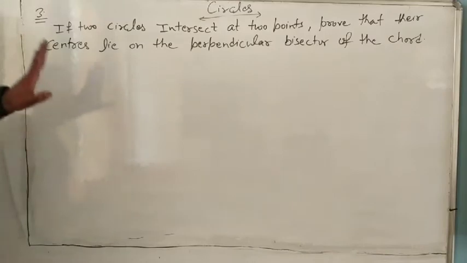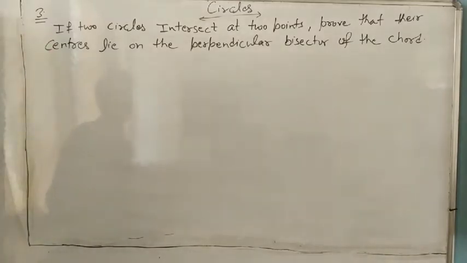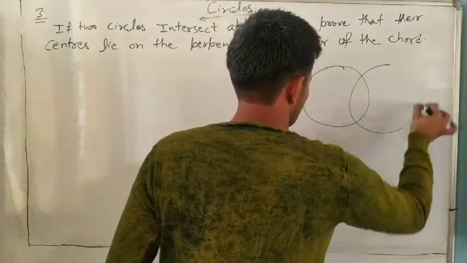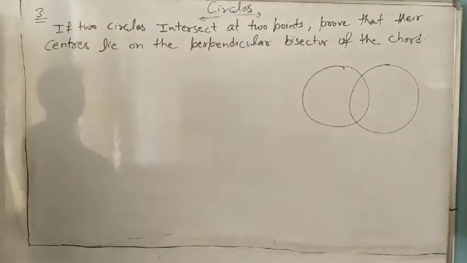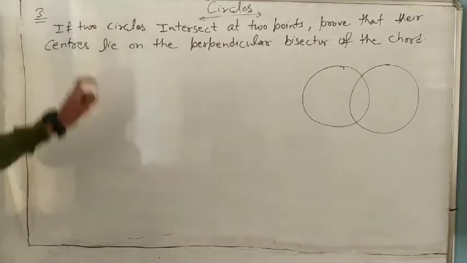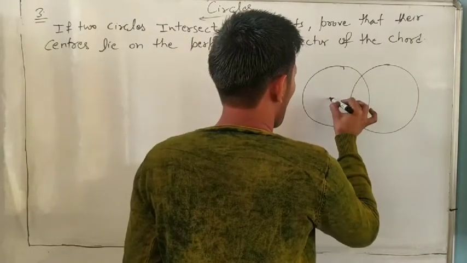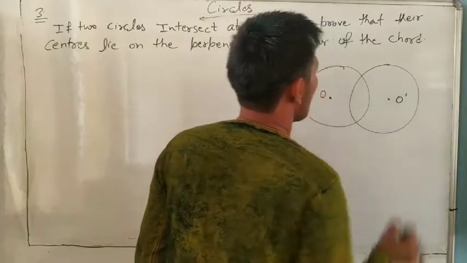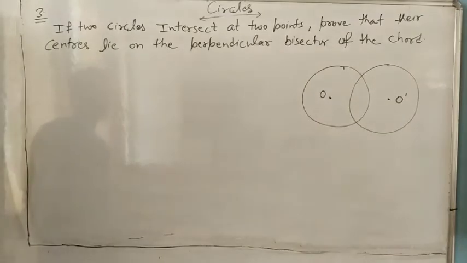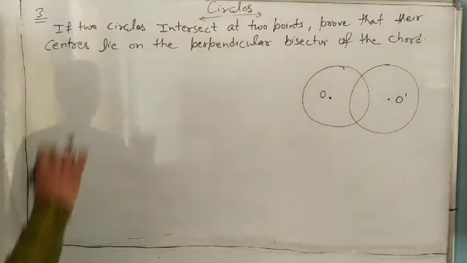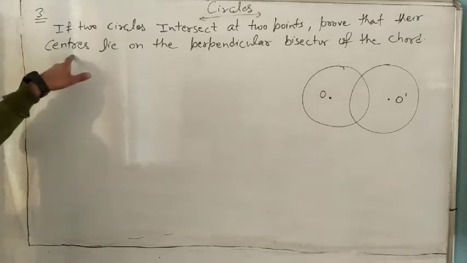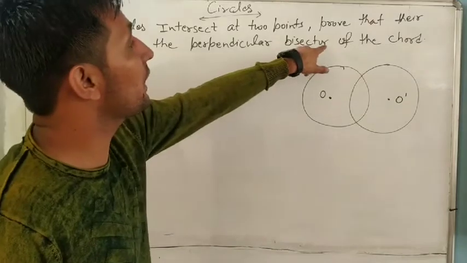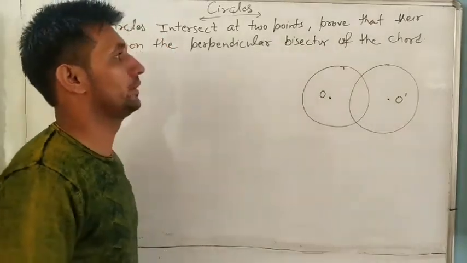Look: prove that if two circles intersect at 2 points, suppose any two circles, this is the first circle, this is the second circle, prove that their centers lie on the perpendicular bisector of the chord. O is the center of the first circle and O dash is the center of the second circle.